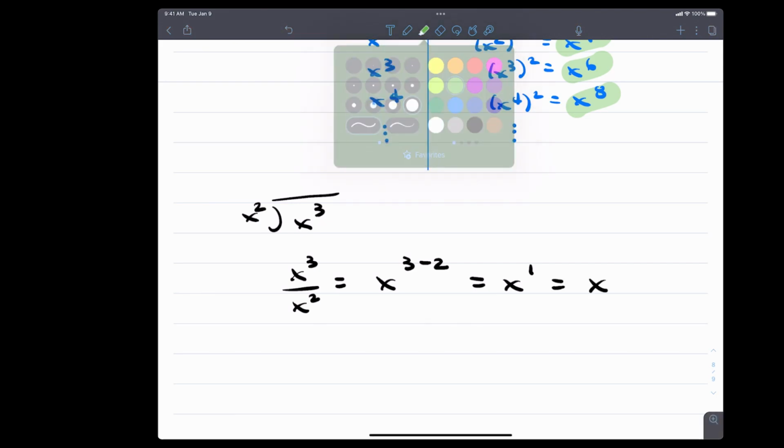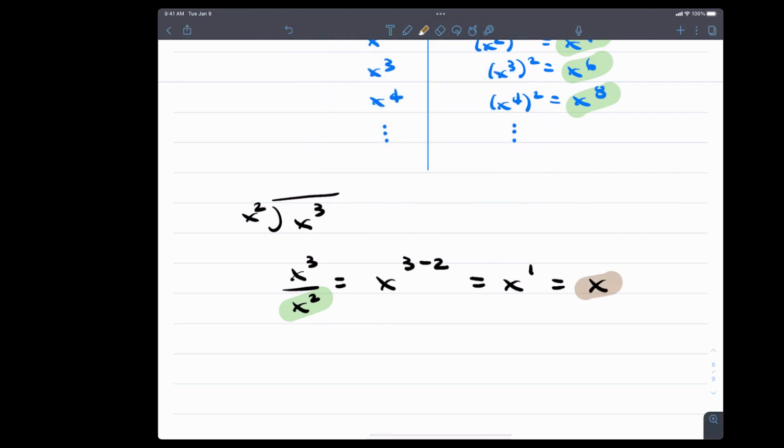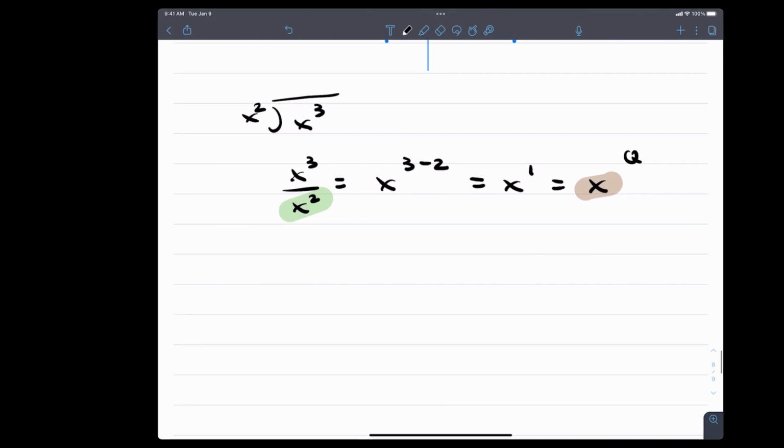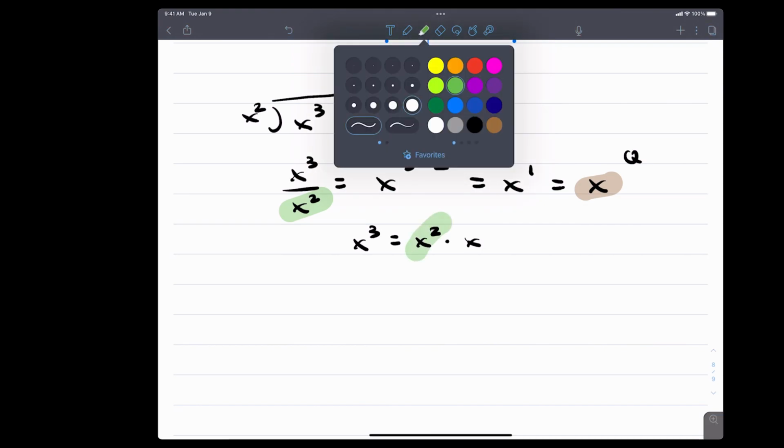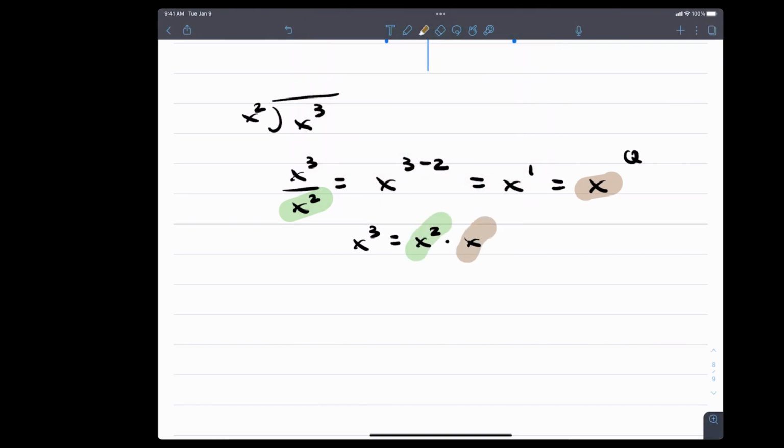So here's my perfect square, and this is my quotient, Q. So my x to the third power is written as x squared times x, where x squared is the perfect square, and x is the quotient. So these are actually a lot easier.